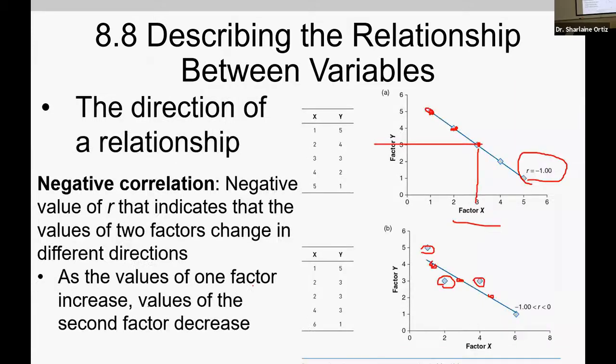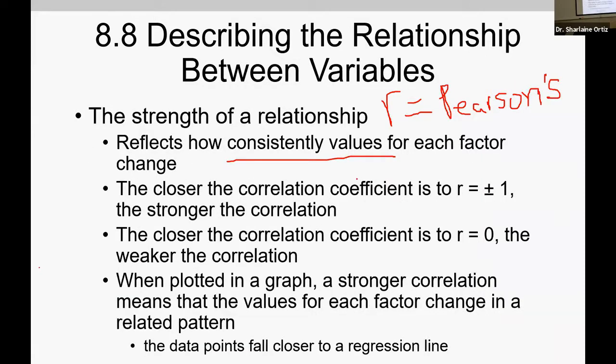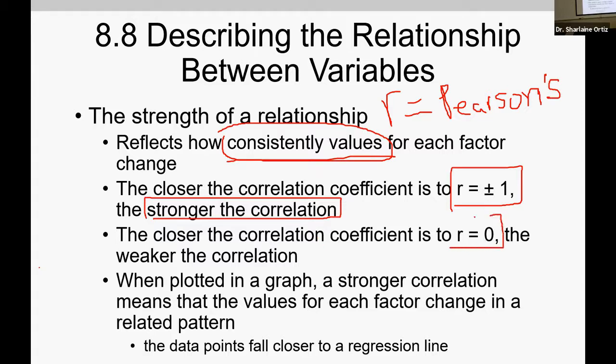That's what I'm trying to do, increase that predictability. I want to find the consistency of those results for each factor. As I noted, the closer the R value is to positive or negative 1, the stronger that relationship will be. Conversely, the closer we are to 0, the weaker that relationship would be.